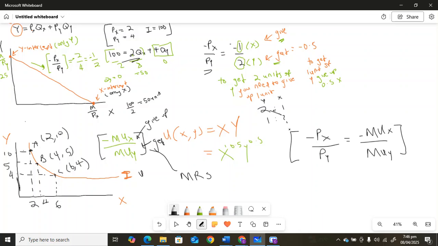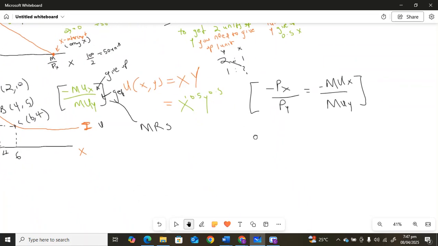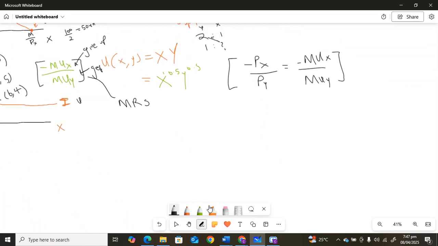This equation is going to give us the best bundle choice, where we're going to have the best satisfaction within our budget constraint. And basically this can be represented like this.